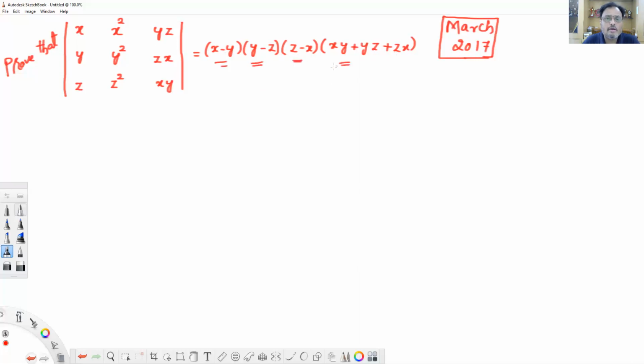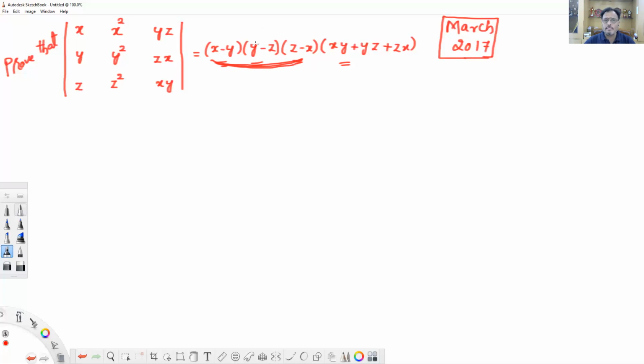Here, in our result, we have 4 factors. So that means minimum 2 or maximum 3 factors must come as a common factor. Here, first you search for the common factors.